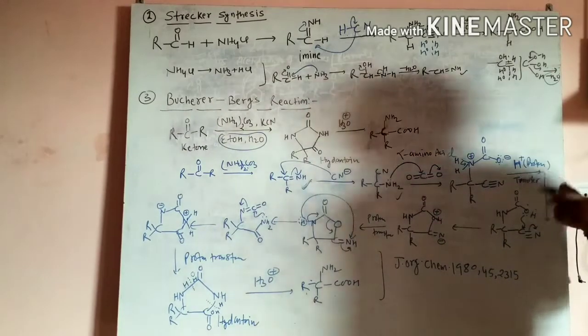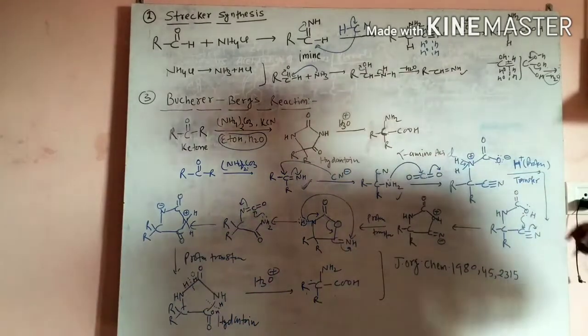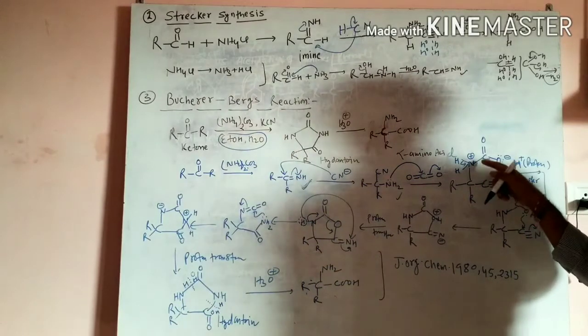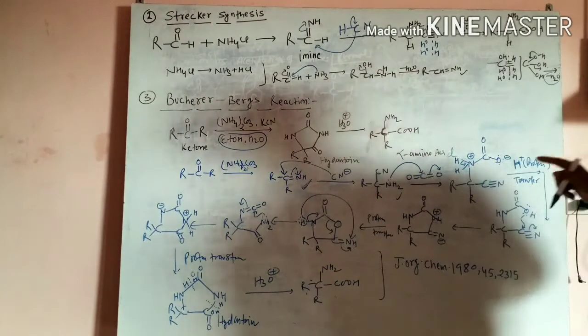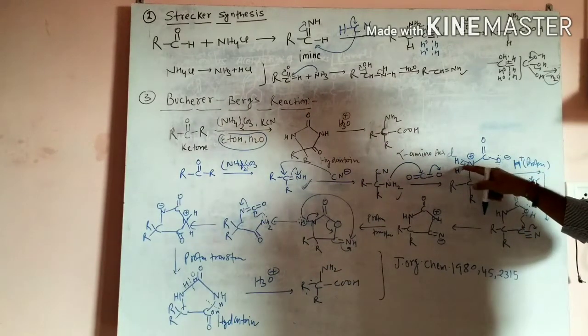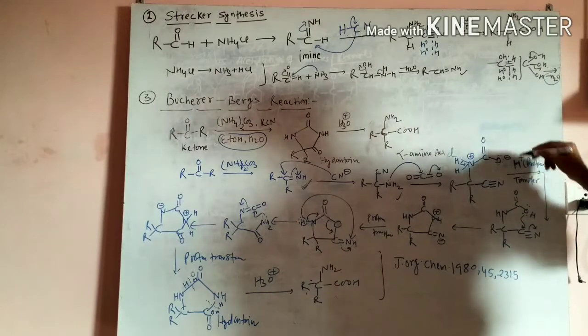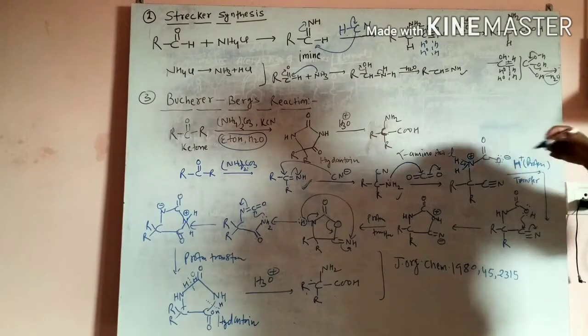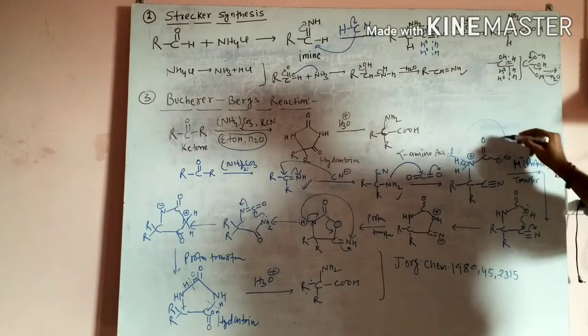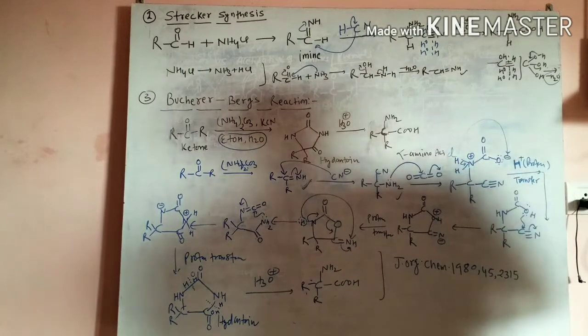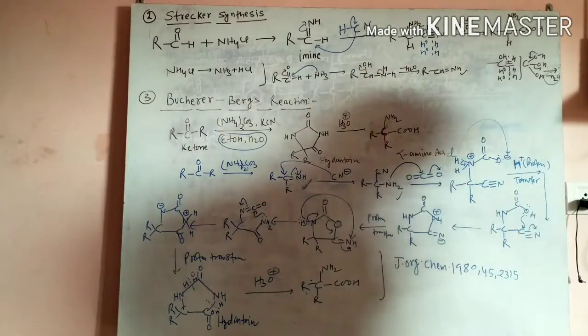Now an internal proton transfer will occur, because here the partner is nitrogen, so it can release a proton from here, and this proton will go to the O minus. This is the internal proton transfer from this NH to this O minus.